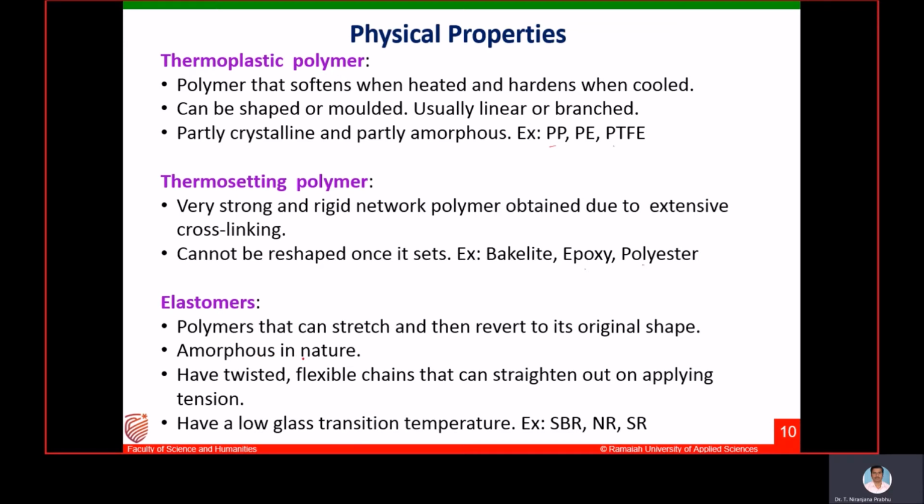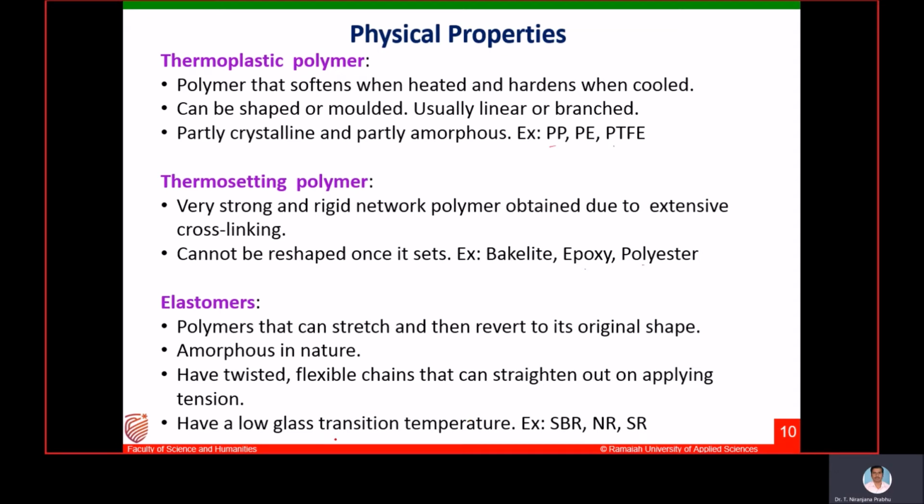They are amorphous in nature. So crystallinity is lacking in these kinds of materials. They have twisted, flexible chains. You can just imagine coils that can straighten out on applying tension, and they can recoil once you release the force. They have low glass transition temperature.